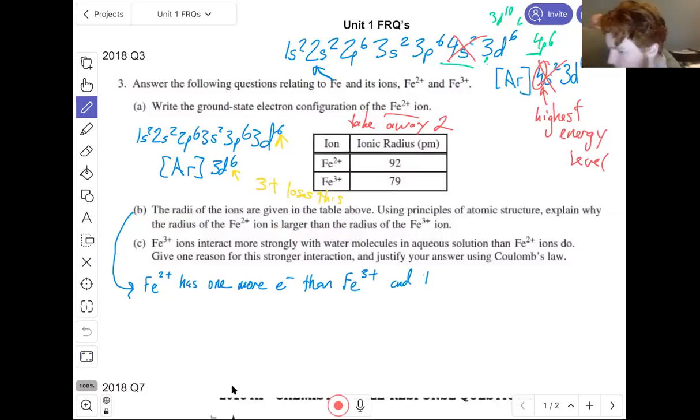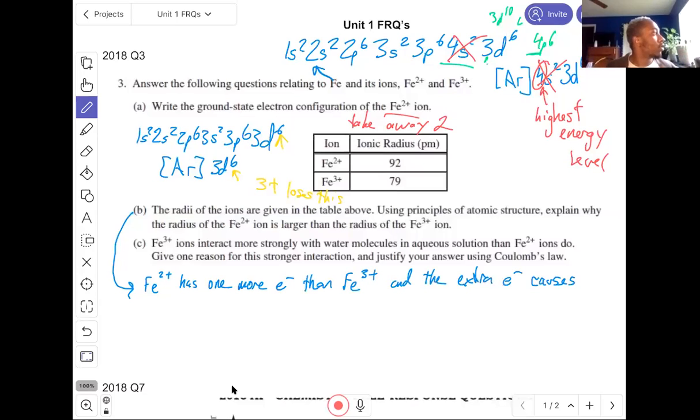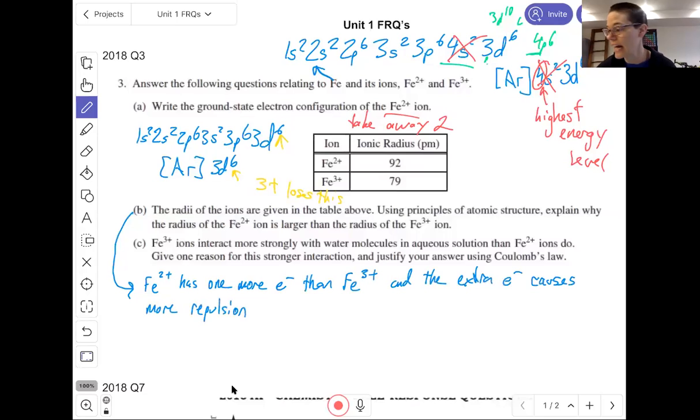So the electrons repel more, pushing each other outwards to increase the radius, and there's less attraction to the nucleus, which also causes a greater radius. Well, here they technically have the same amount of attraction because they have the same number of protons. So here you have to talk about repulsion.